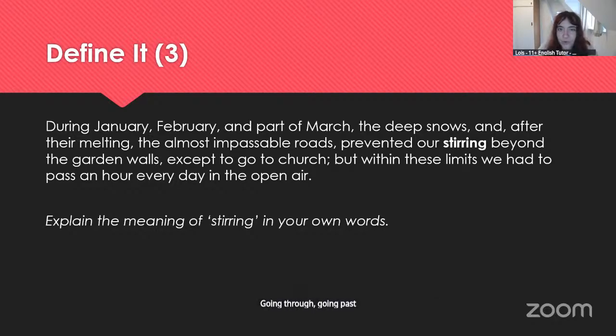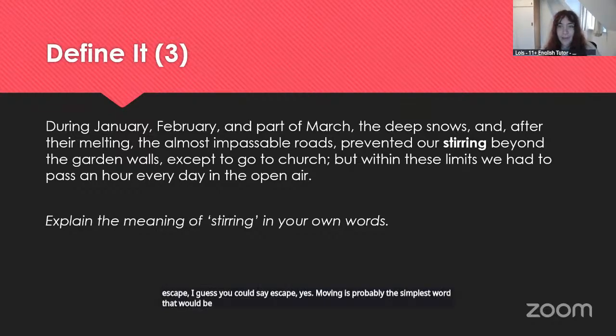Yes, good. Going past a boundary. Venturing. Yes, that's a good one. Escape. I guess you could say escape. Yes, moving is probably the simplest word that would be a perfect synonym here.